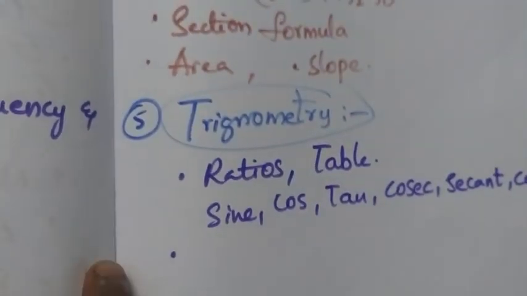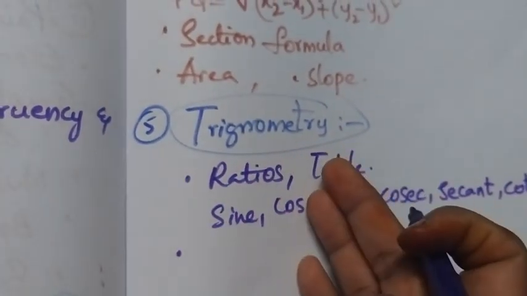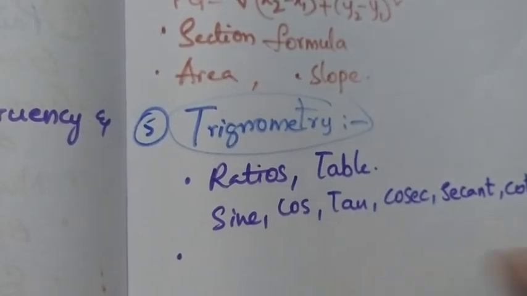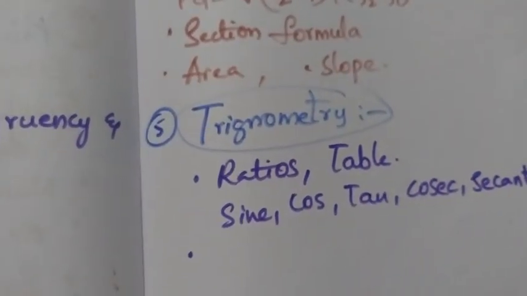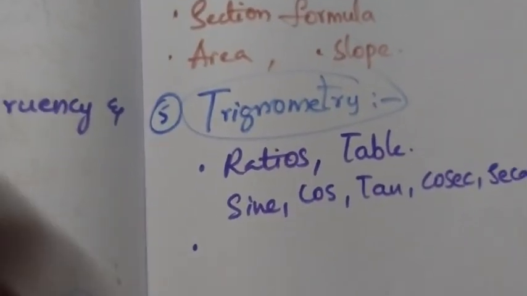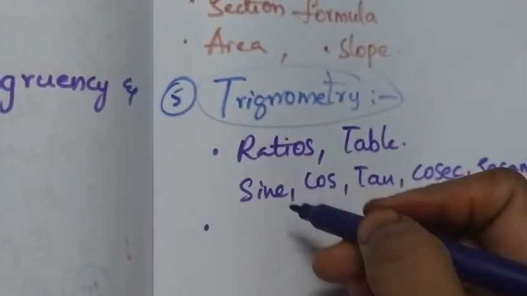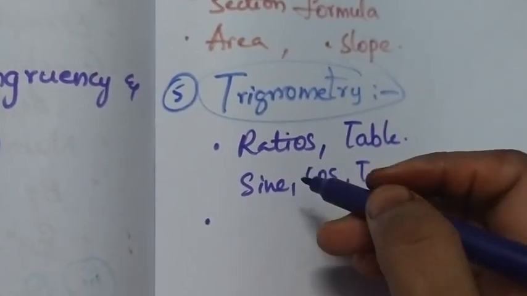I have uploaded the trigonometry video, children, so go through the video. My channel link is also there. I have uploaded how to remember the ratios table by a simple trick.